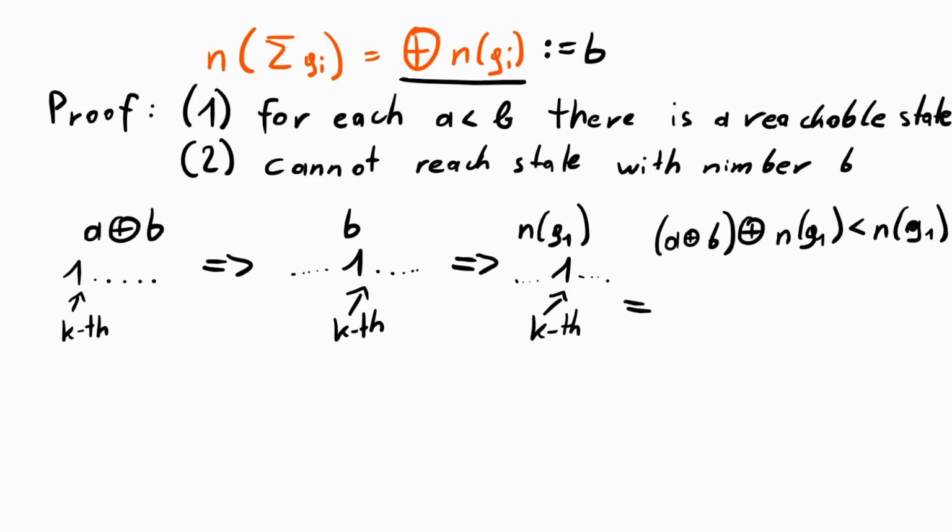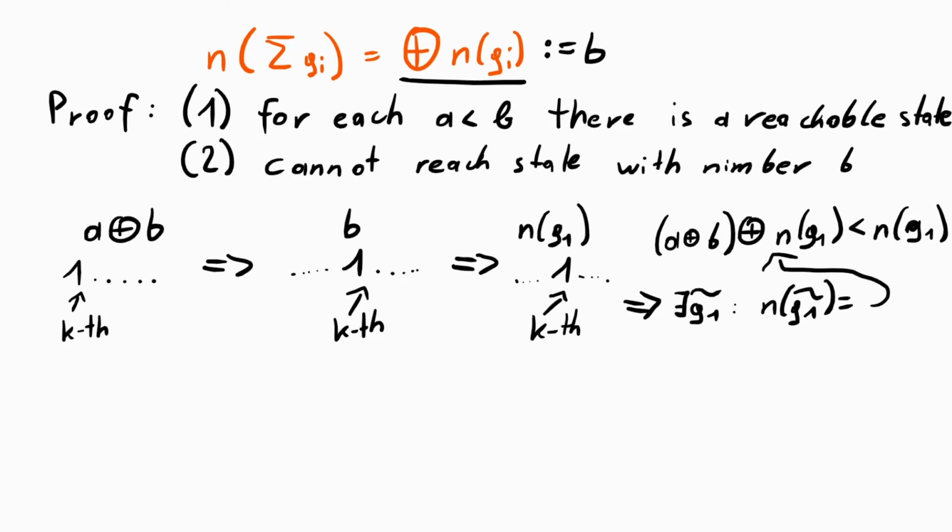And so there exists a position G1 tilde that you can reach from the game G1, and this state G1 tilde has the number value of a XOR b XOR n of G1. And this is also the move that we are going to make in our game. Our game is the combination of multiple games, Gi. And we're going to perform this move, and we will end up at the number a.